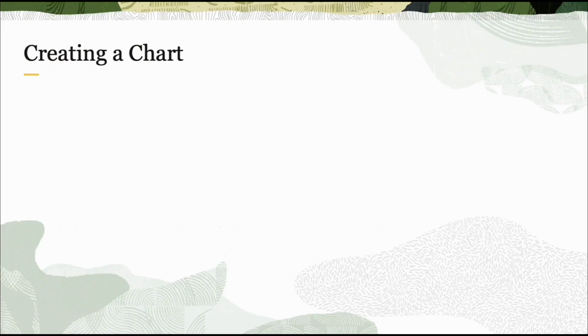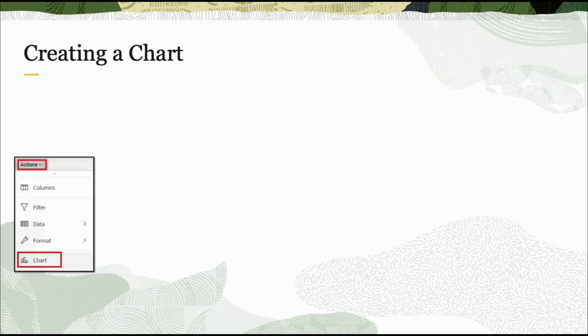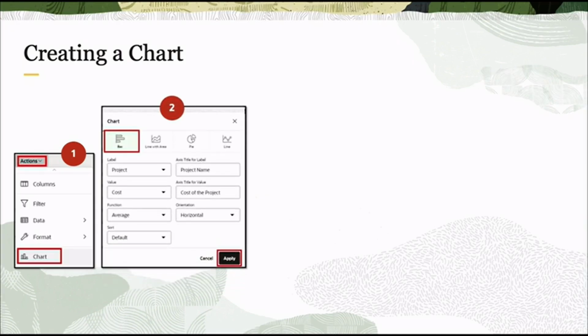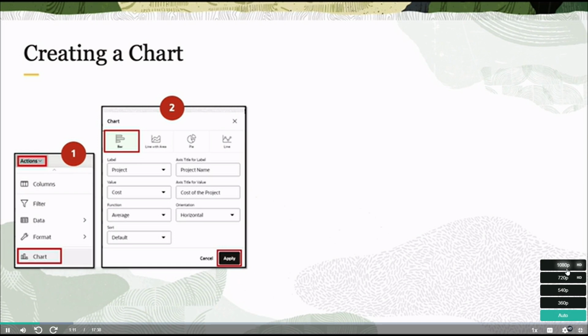Let's get started. You can create charts in an interactive report using the chart function available under Actions menu. Go to Actions menu and click on Chart to open up the chart dialog box. Here you can select the chart type and the label and the value columns. You can also specify the axis titles for label and value columns.